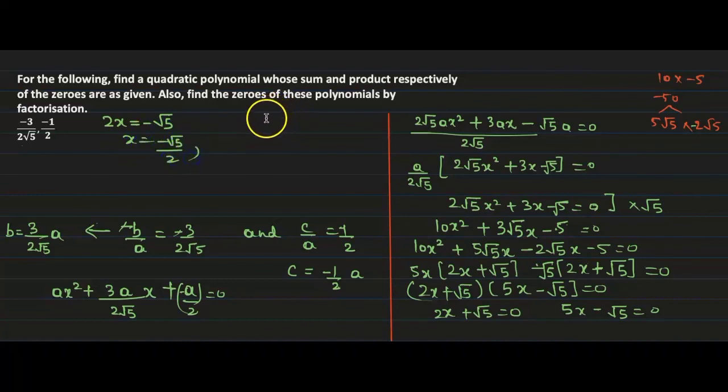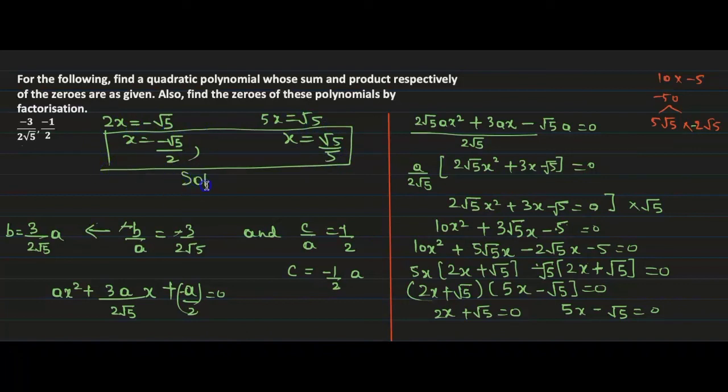And 5x is equal to root 5, so x will be equal to root 5 by 5. Right? So this is the solution of this particular question. These solutions, or I can say zeros of this particular quadratic polynomial, are the answer to this question. I hope you understand the solution. Thank you very much.